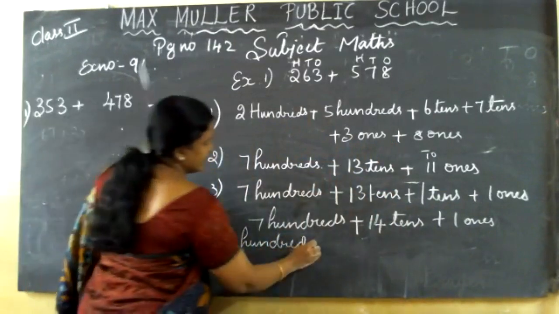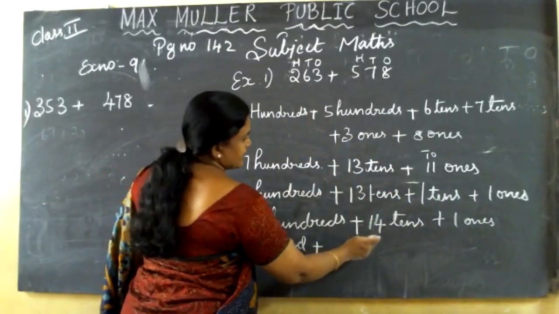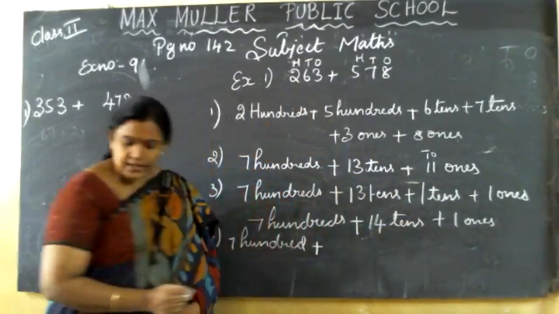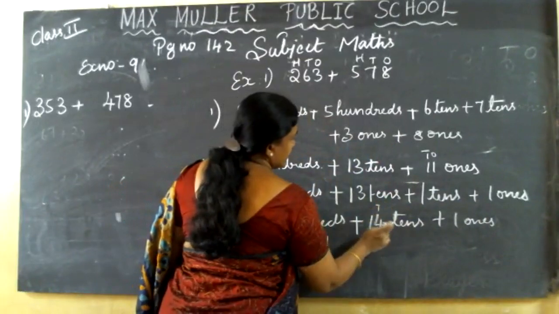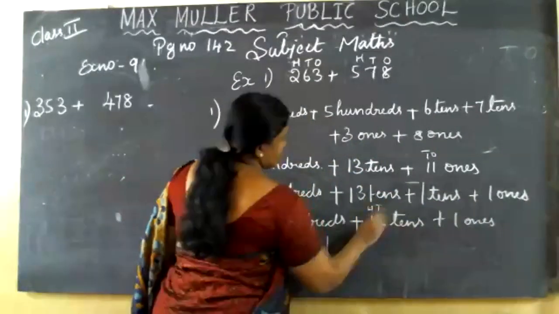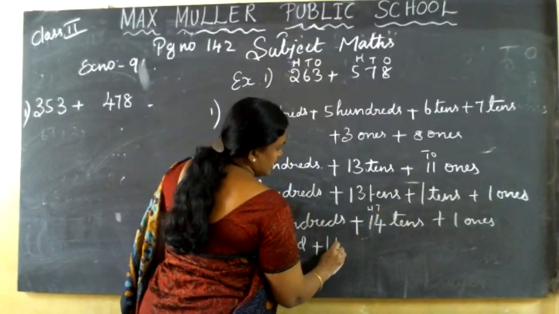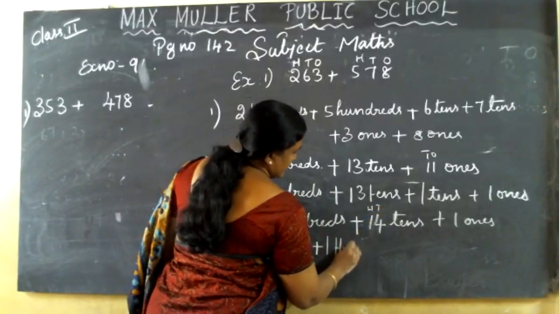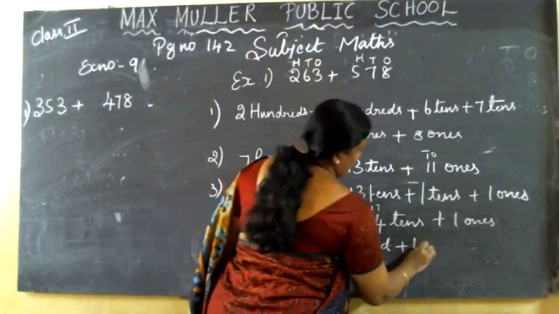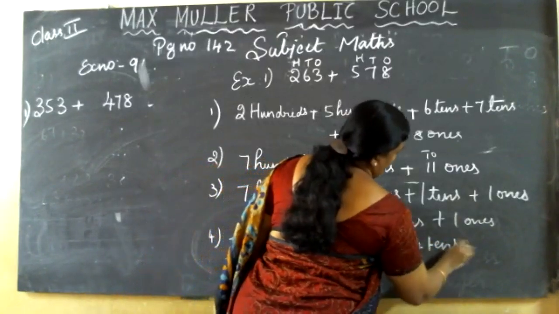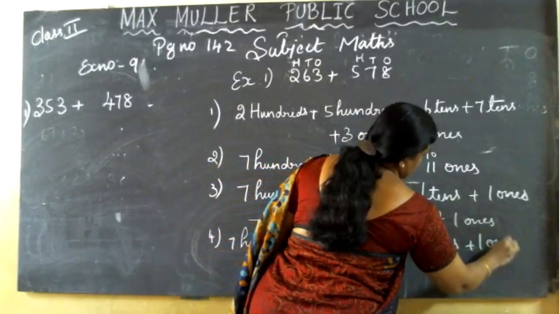Plus 100. See, in this place here a 3-digit number is there, no? This is tens, this is tens, no, children? Tens, hundreds. 100 plus 4 tens plus 1 ones.